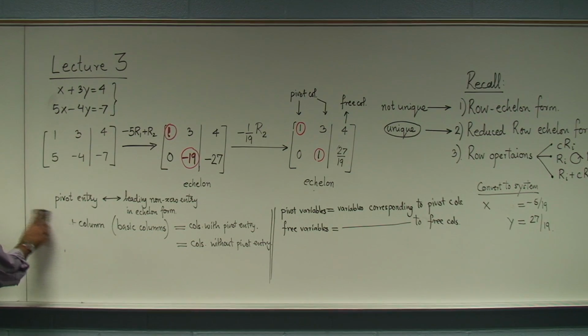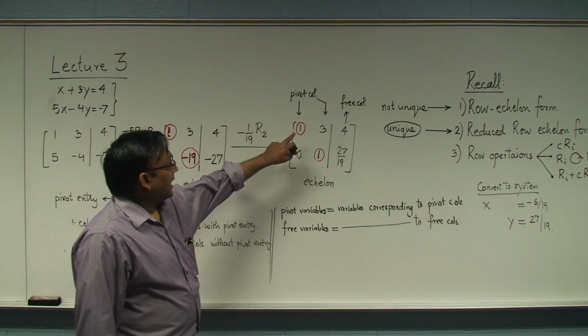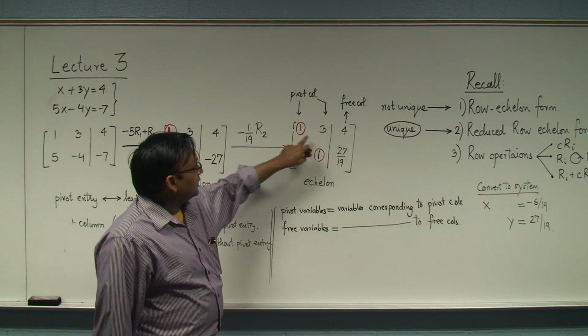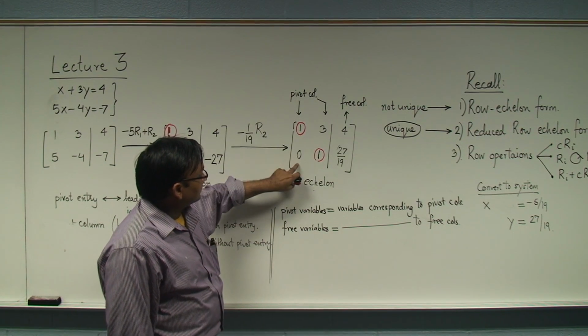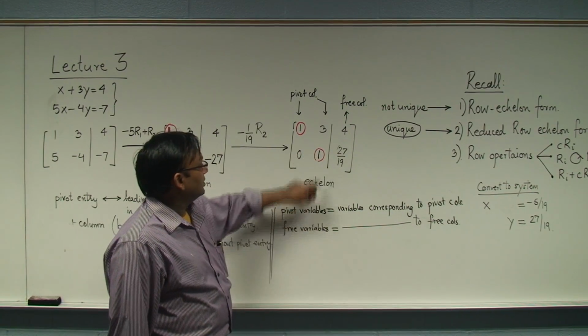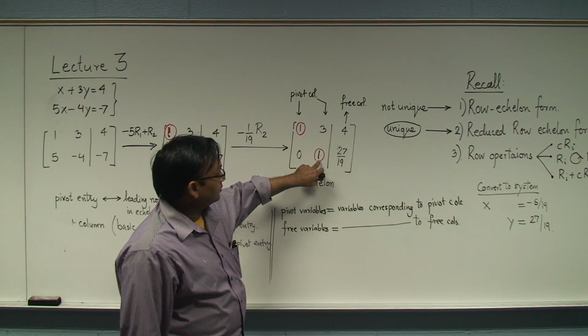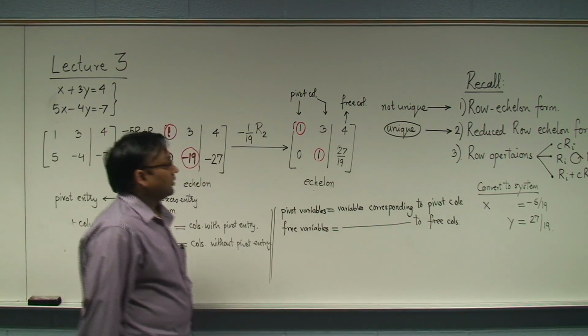Okay. So out here if you look at it, we have two pivot columns, and since these columns correspond to variables, the variable corresponding to the first column, which is our x, would be the pivot variable. Likewise, this is a pivot column, so the variable corresponding to the second pivot column is y.